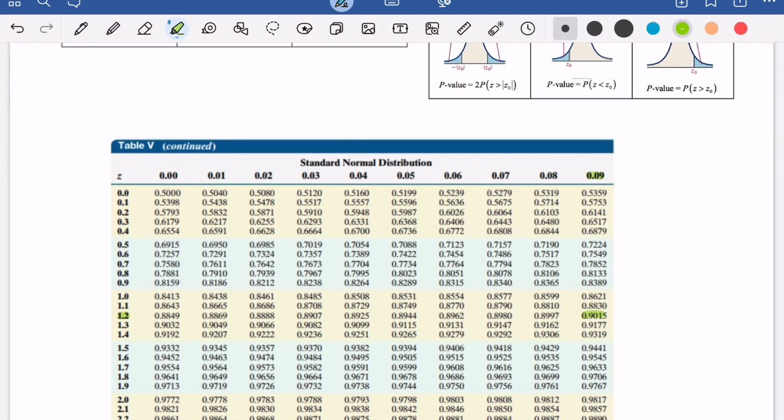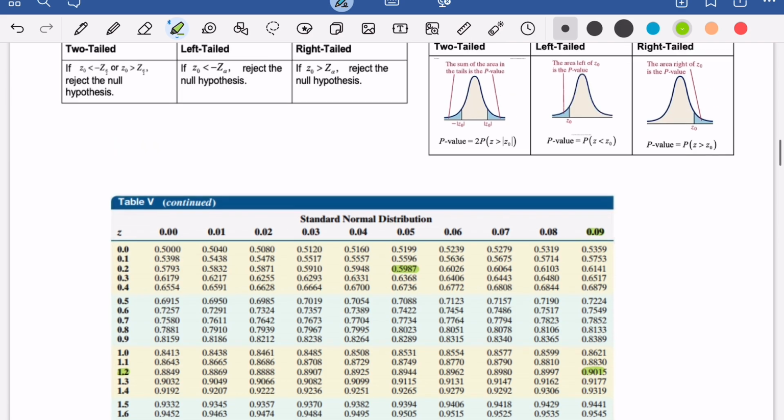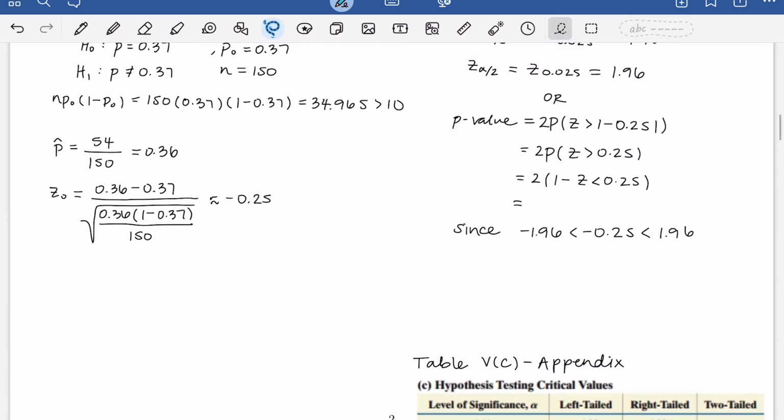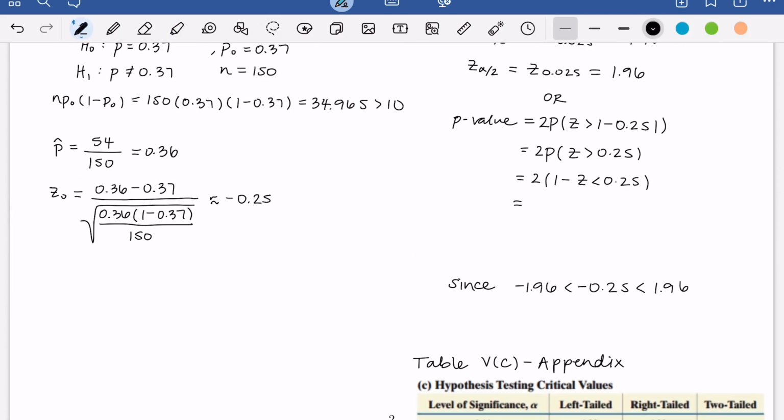So this is going to give us 0.5987. So let's move this down. We're going to plug that in here. We're going to have 2 times 1 minus that 0.5987, which is going to give us 2 times 0.4013, which gives us this guy.